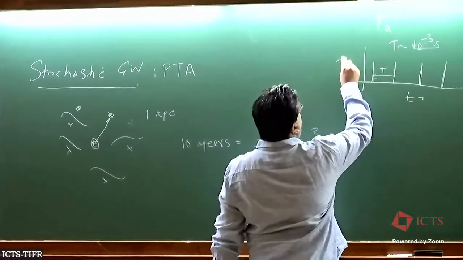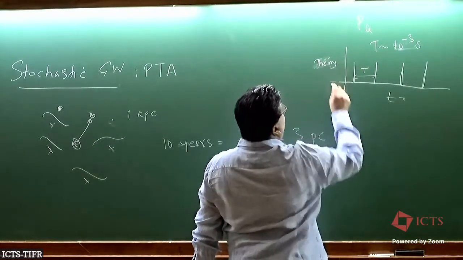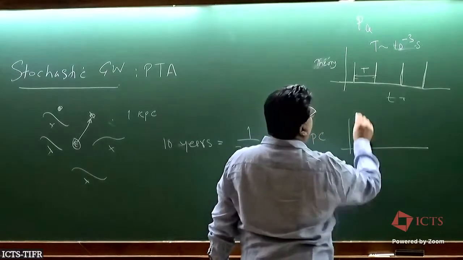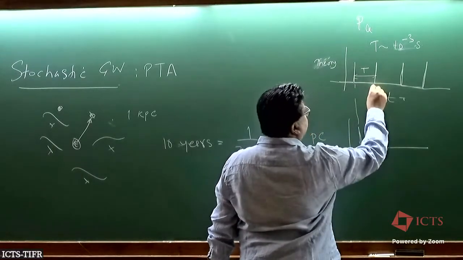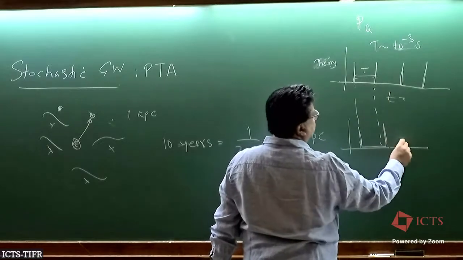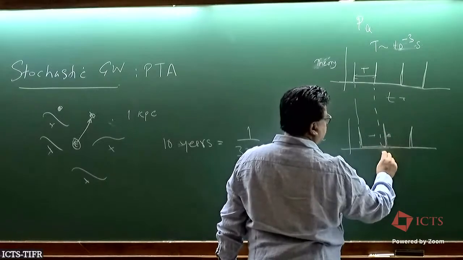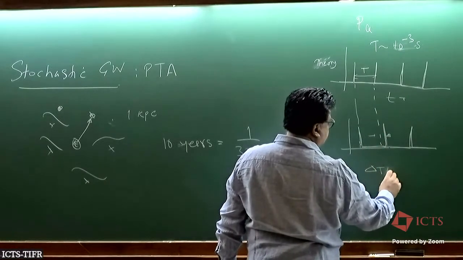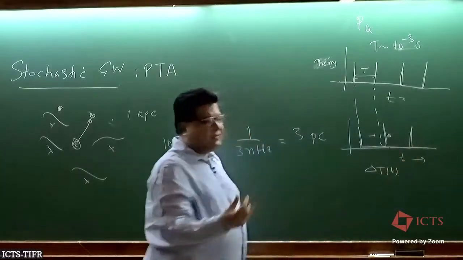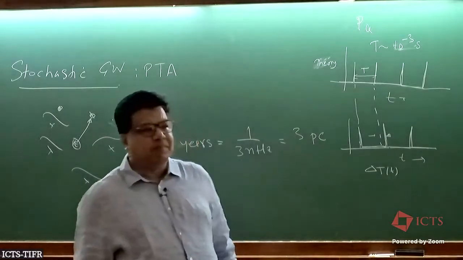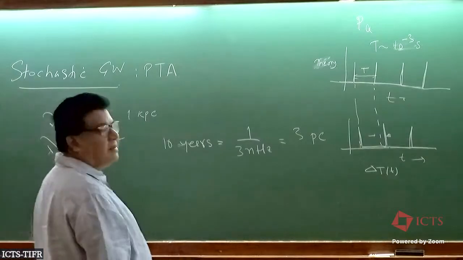This is the theory. Then you have the observations, where the second peak may be shifted a little bit. This shift in the peak is delta t, and it is also a time series. At different times you'll have different shifts in the arrival time of the pulsar.